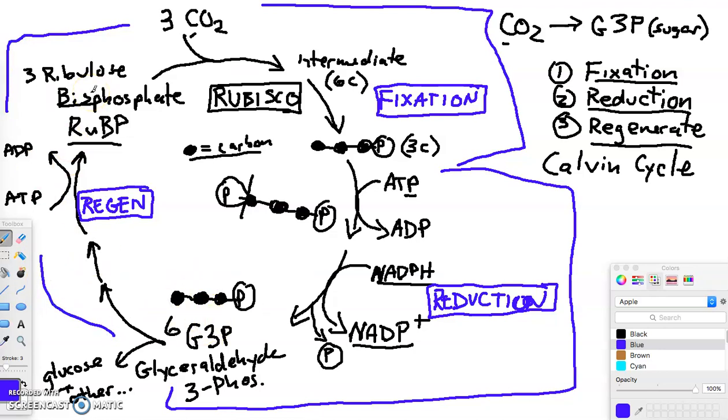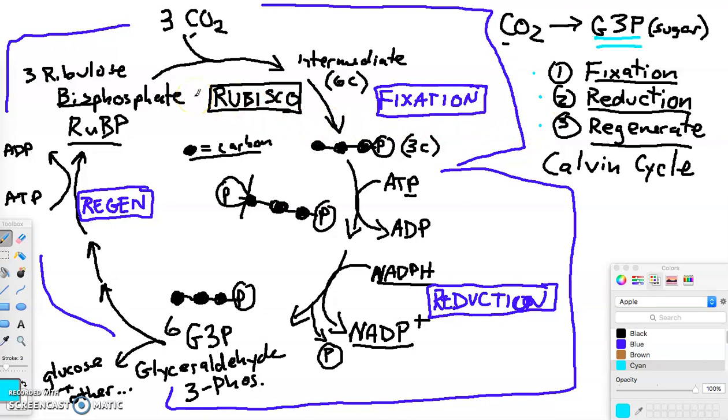So follow along as we review. The main goal here is to fix carbon from carbon dioxide in the atmosphere into G3P. You see that over here. That's our main goal, if you will. We're going to do this through what we call the Calvin cycle, which comprises 3 steps: fixation, reduction, and regeneration.